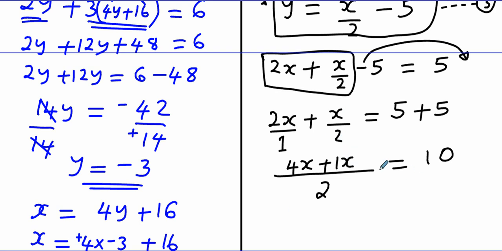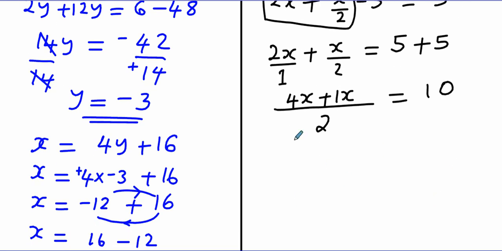Let me repeat. 2 divided by 1 is 2, 2 times 2 is 4x. 2 divided by 2 is 1, times x is 1x. Then add 4x plus 1x. This will be 5x divided by 2.